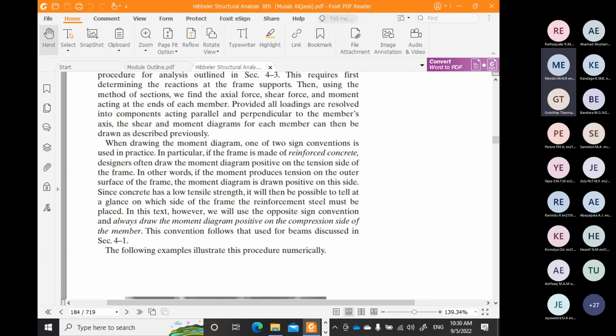I have noticed that I'm doing the same problem again and again, which is of no use, right? If I do different problems, then you will have more examples to see.